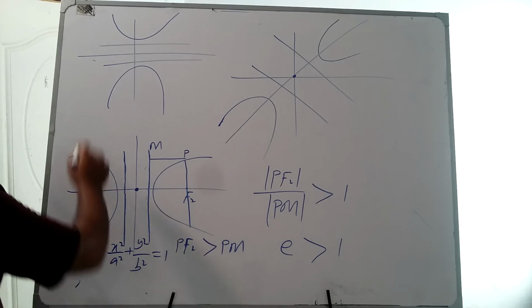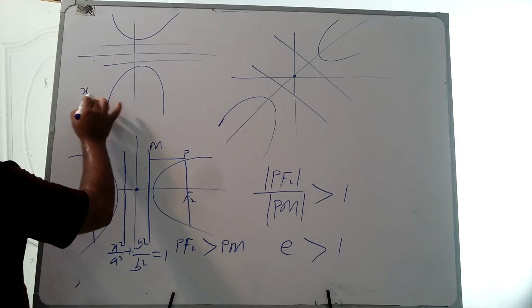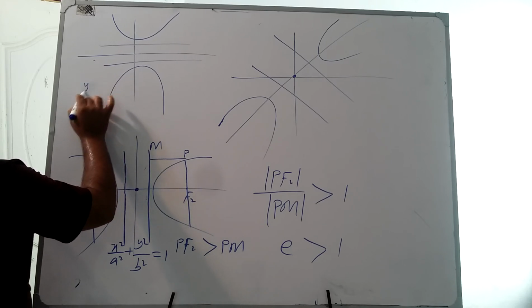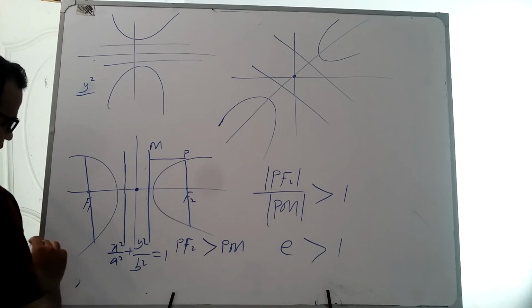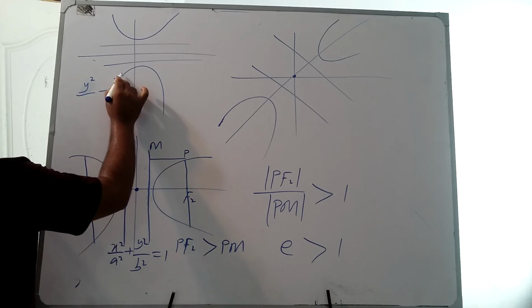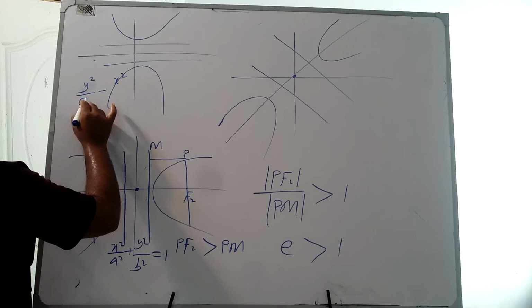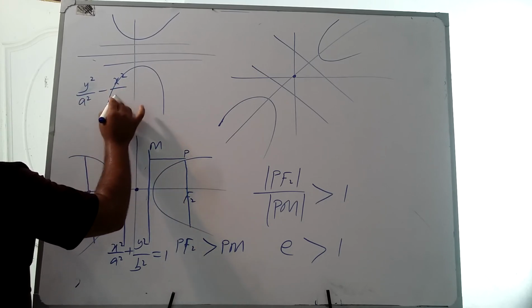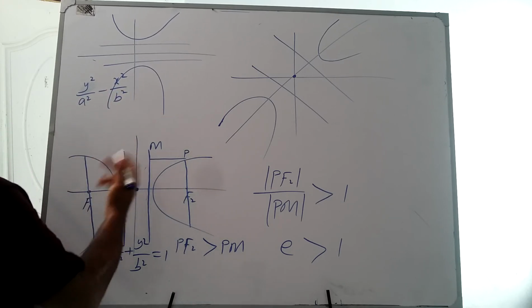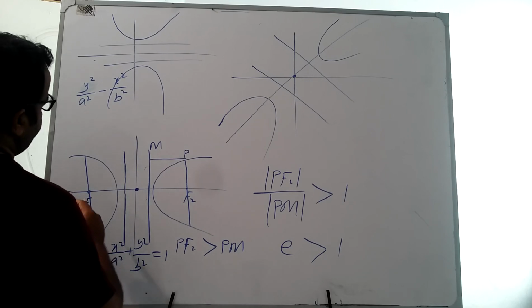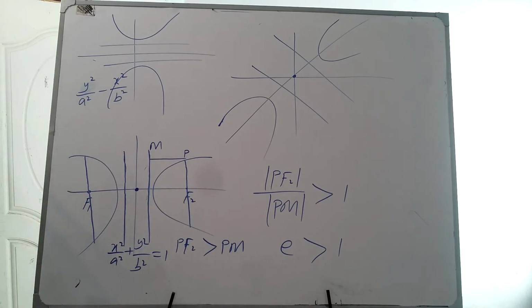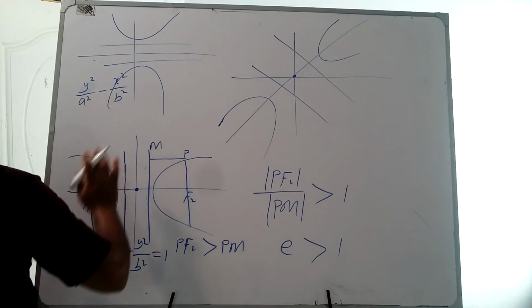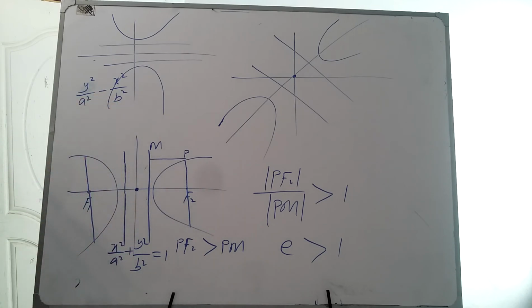And in this other case, our equation is y square over a square minus x square over b square is equal to 1. So this is the equation of the hyperbola.